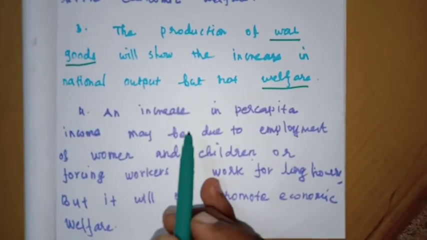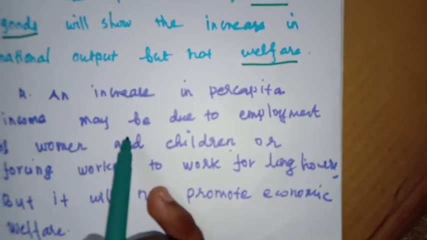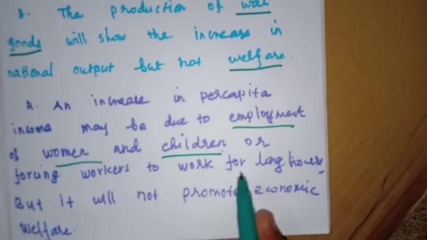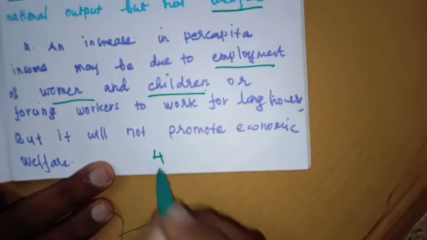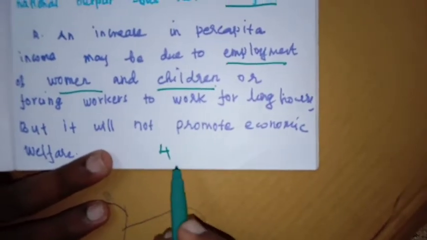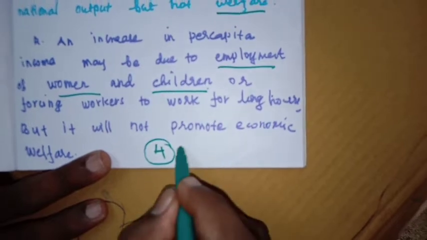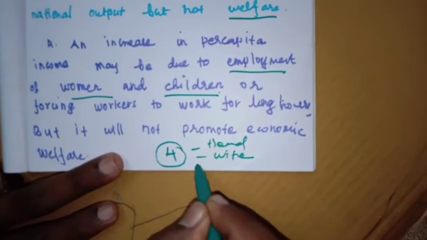And the fourth point is an increase in the per capita income. Per capita income means national income divided by population. The increase in per capita income may be due to the employment of women and children. For example, a family consists of 4 members: the head of the family, the wife and 2 children.